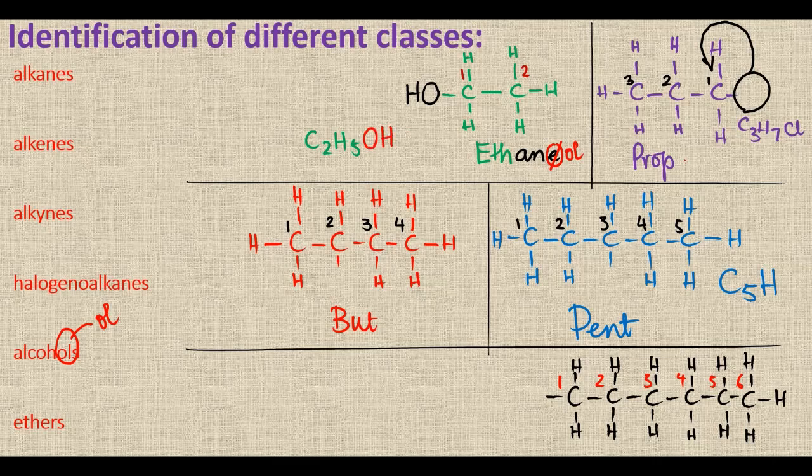C2H5OH. Similarly, we get propanol with C3H7OH, having the OH attached to carbon atom number 1. So here it is important to mention the position of ol. So we call it propan-1-ol because there are more possibilities over here. In the case of ethanol, there's no need to write ethan-1-ol.